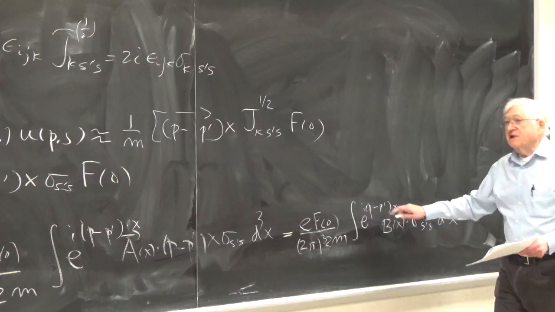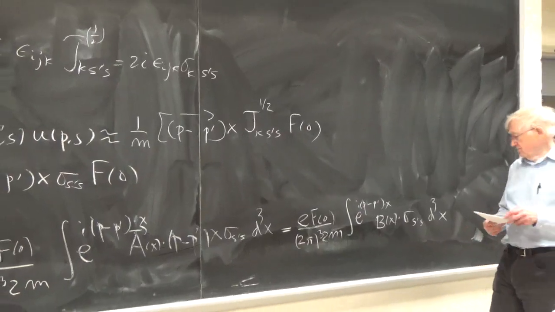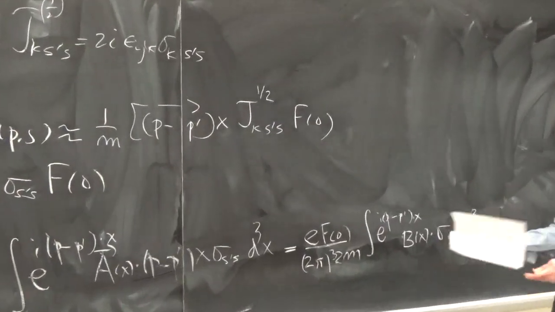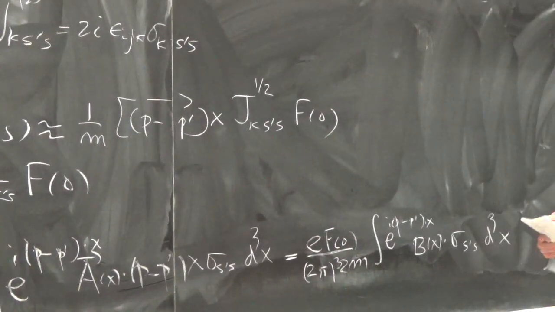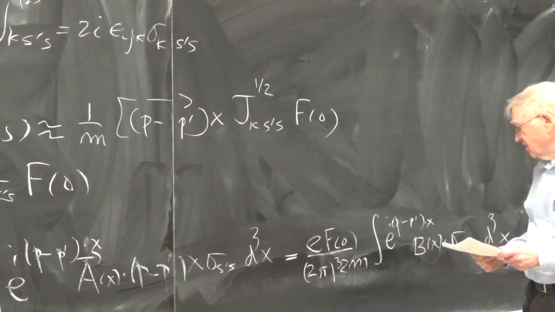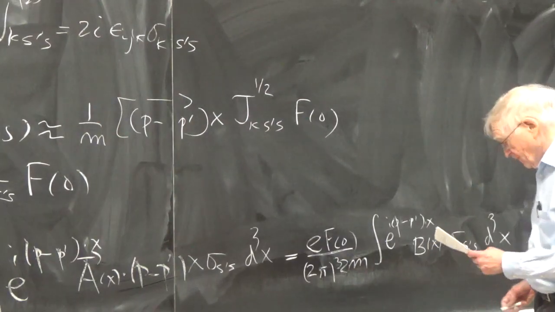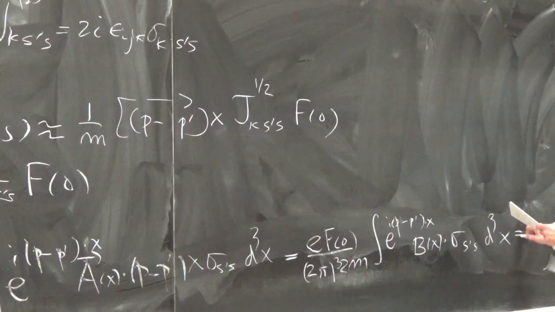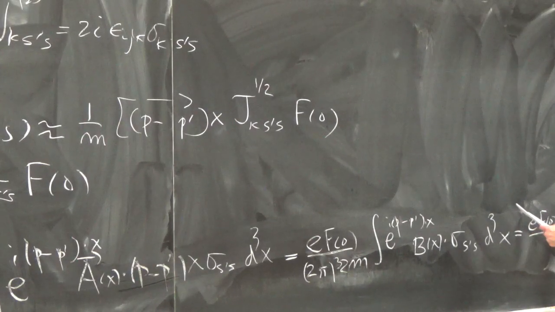You're imagining that p and p prime are very small, and so in any case, it's delta of p minus p prime times (2 pi)^3. So this gives us e F of 0 over 2m, B dot sigma s prime s times delta cubed of p minus p prime.